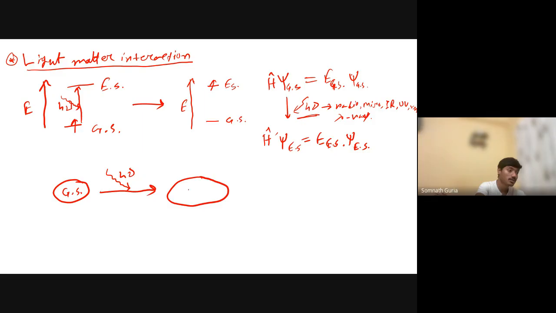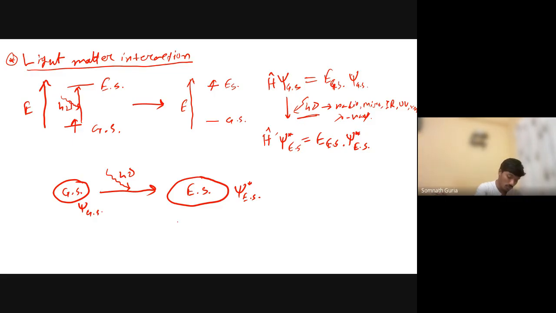This is the excited state, always called with a star. Sorry about that. This is the star, this is the excited state wave function, and this is my psi of the ground state.